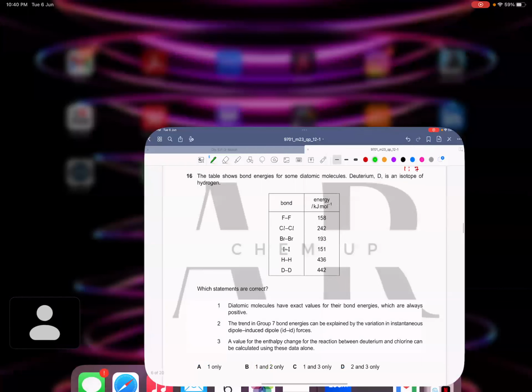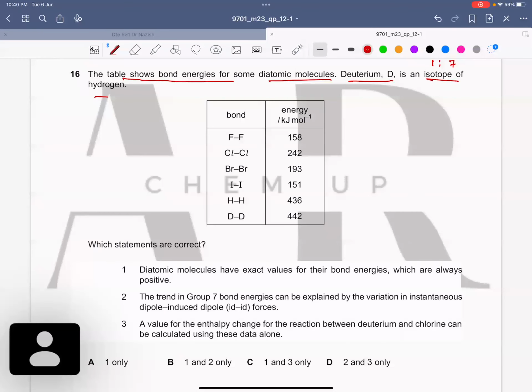Diatomic molecules have exact values of their bond energies, which are always positive. Yes, that is correct because diatomic molecules normally have one bond in them, so their bond energies are exact values and they are always positive because to break those bonds we need energy. The trend in group 7, the halogens, in bond energies can be explained by the variation in instantaneous dipole forces.